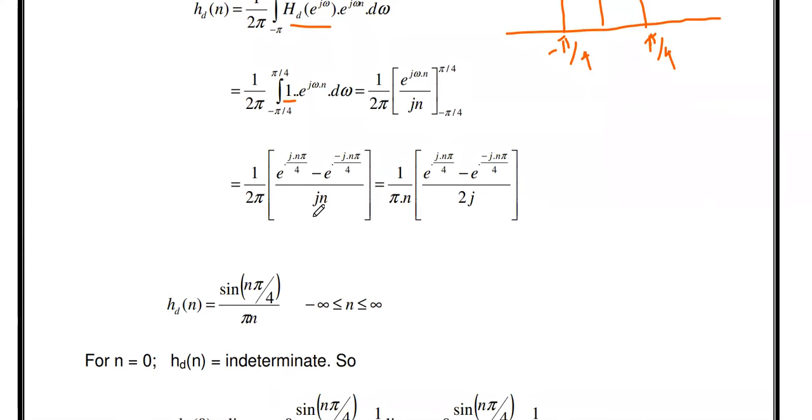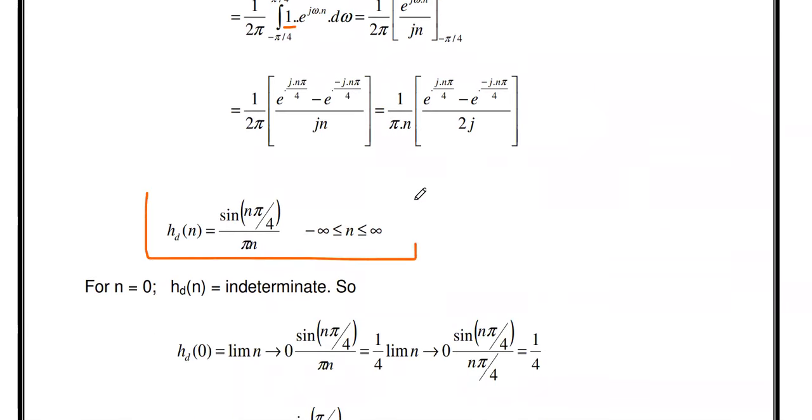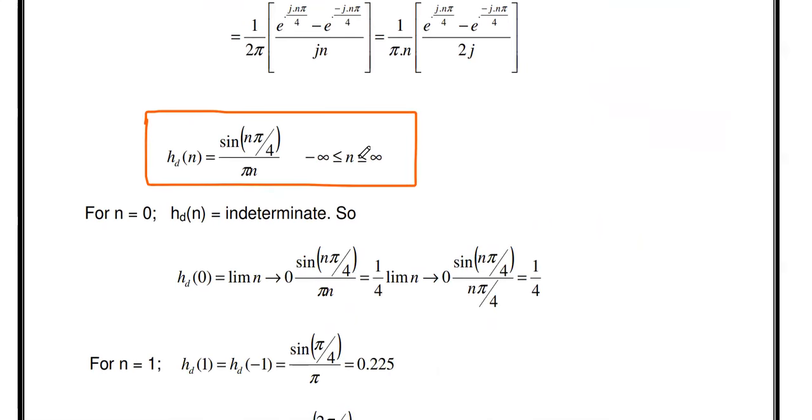Then in this, you see this one is in the format e power j theta minus e power minus j theta divided by 2j, which is said to be sine theta. So that's why we get 1 by pi n into sine n pi by 4. So this is our desired impulse response, where the n value is between minus infinity to infinity.